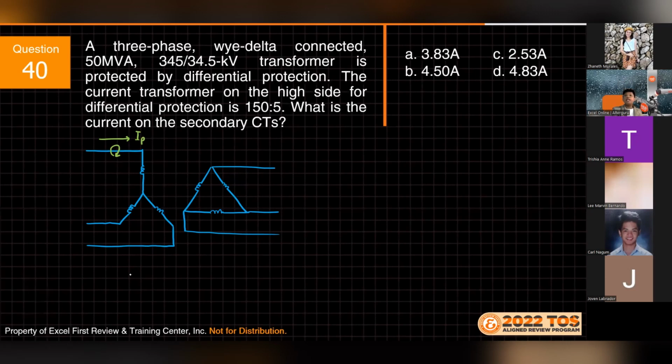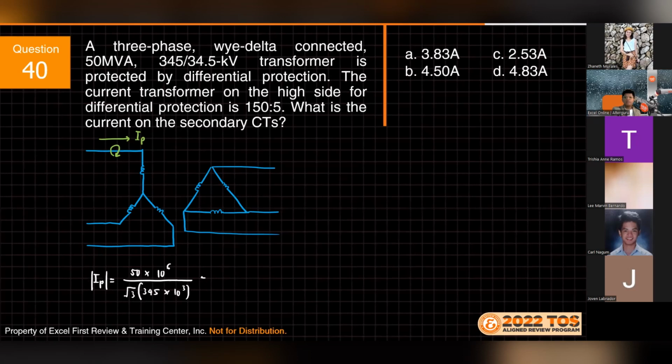Let's compute first the I sub P. In primary, we have 50 MVA times 10 to the 6 all over square root of 3 multiplied by, the voltage there is 345 kilovolts times 10 raised to 3. Wala naman power factor, so siguro magnitude lang din talaga.